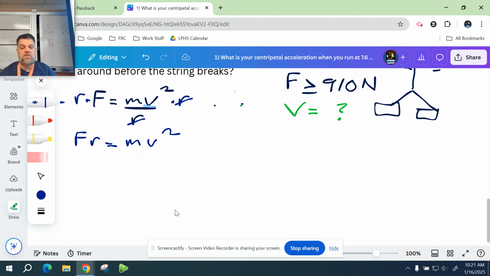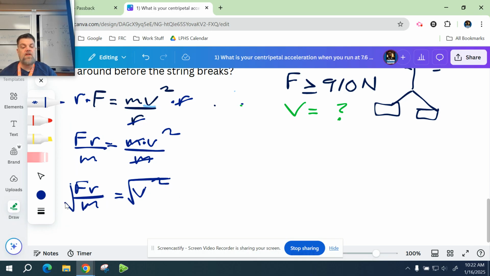So far, so good. Now I've got to move the m away. The m is multiplying v, so I do the opposite of multiplication, which is division. I divide by m. Whatever I do on one side, I have to do on the other. Then I get F r over m is equal to v squared. To undo this square, I have to take the square root, and I end up with v is equal to the square root of the force times the radius all over the mass.